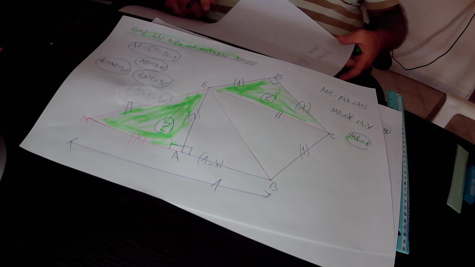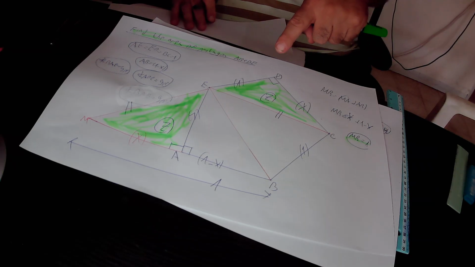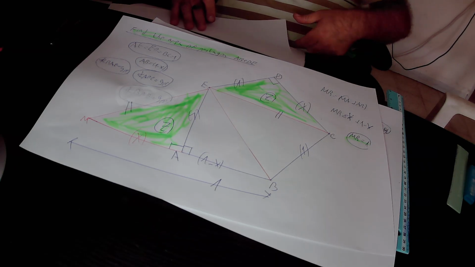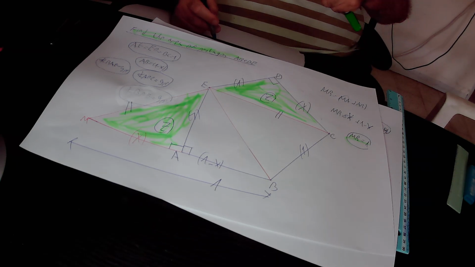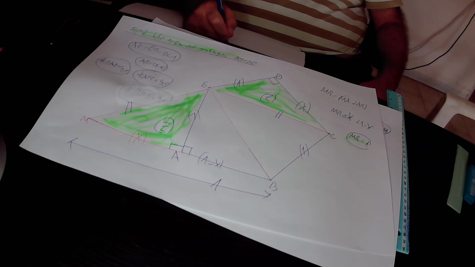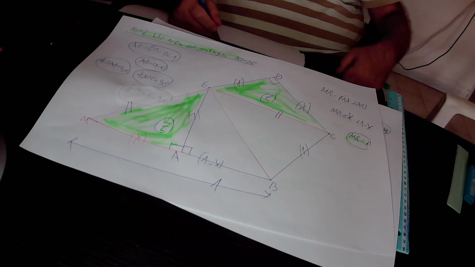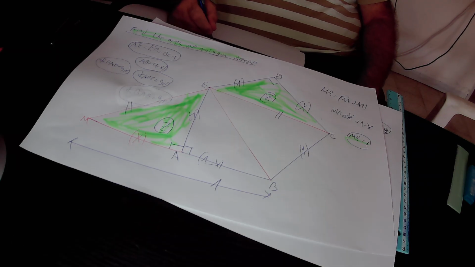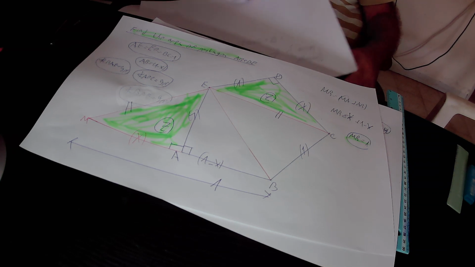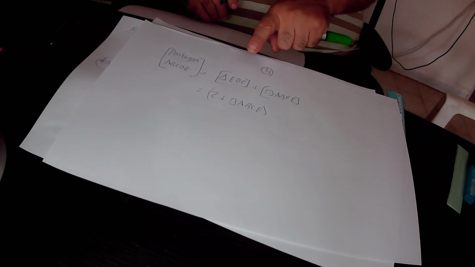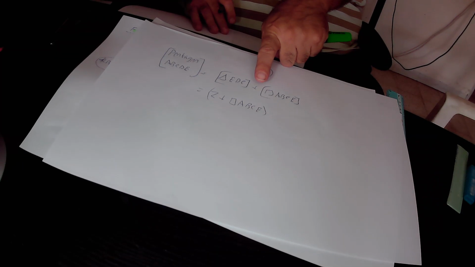According to our definition, the area of this green triangle EDC equals Z, so substitute the area of triangle EDC by Z, plus this quadrilateral ABCE. So in total, the area of the big pentagon ABCDE equals Z plus the area of quadrilateral ABCE.